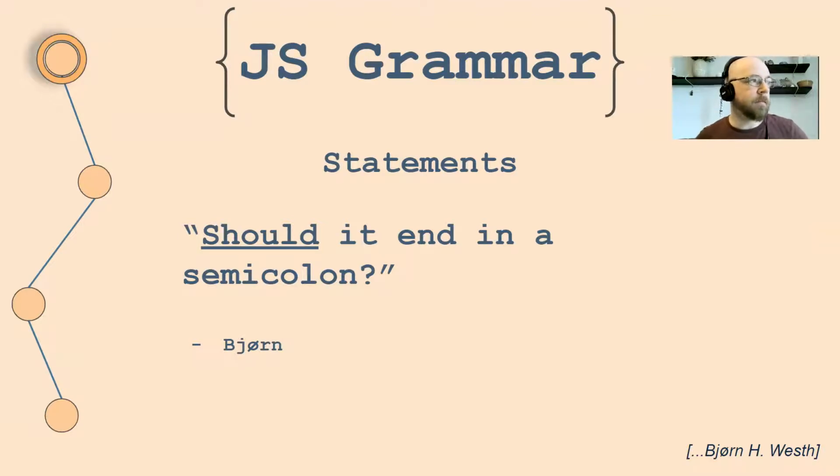I don't want to go into too much detail in the interest of time, but basically a statement is a block of code that is executed in isolation from other code. So the JavaScript program goes statement, resolve that, another statement, solve that, another statement, just solve that.